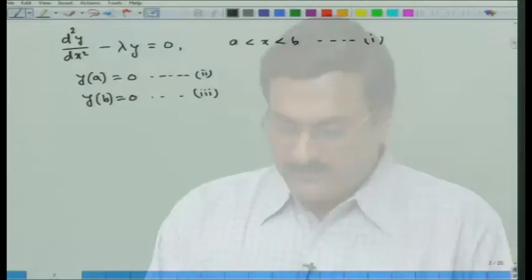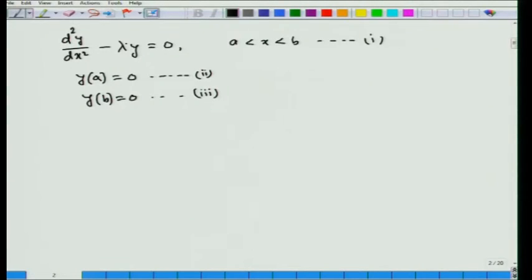Now, from this given equation, if we integrate, then we can find dy dx equal to lambda times integral a to x y s ds plus C1.